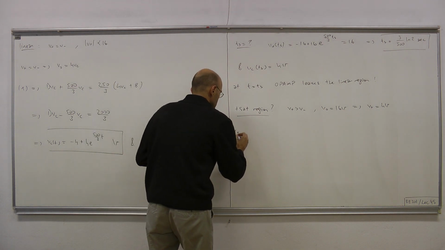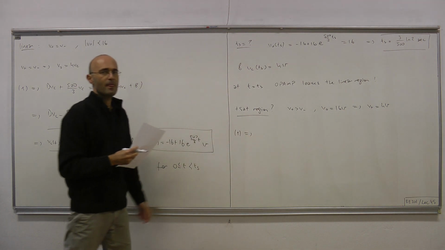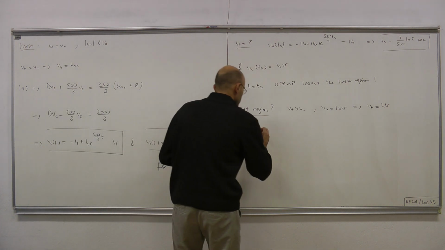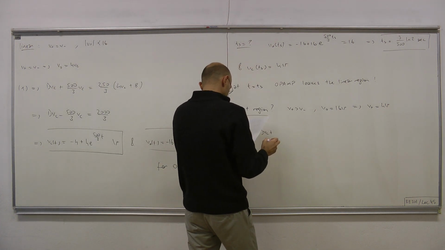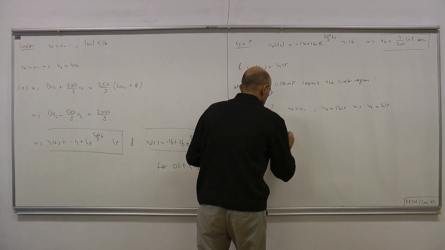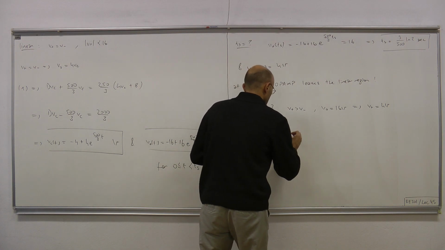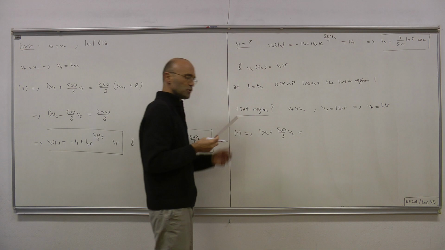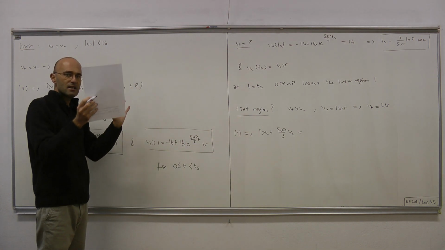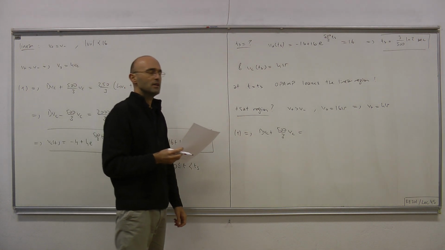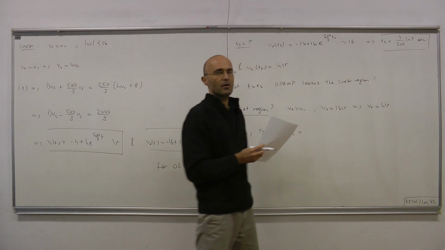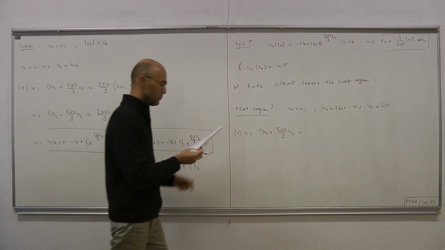Now, the differential equation implies what? dVC plus 500 over 3 VC equals 250 over 3 times (V out plus 8). V out is 16.